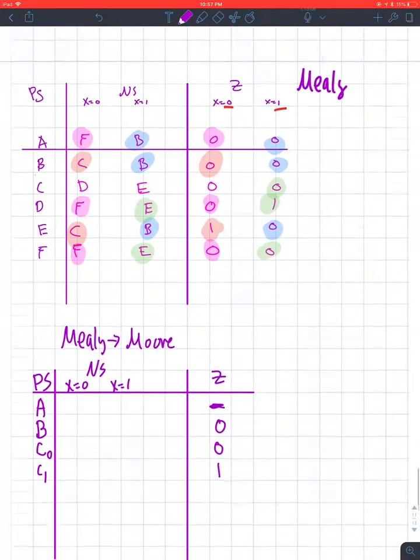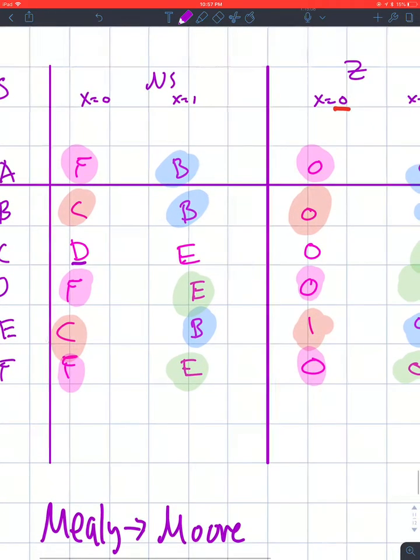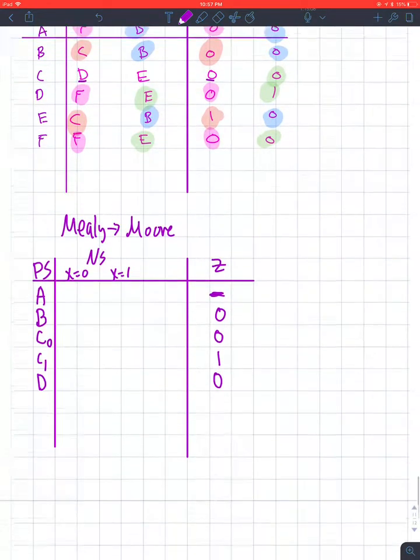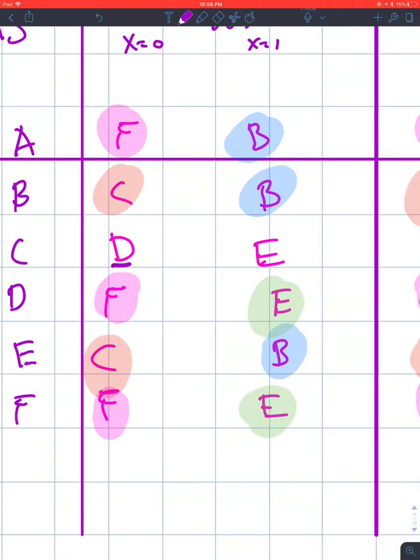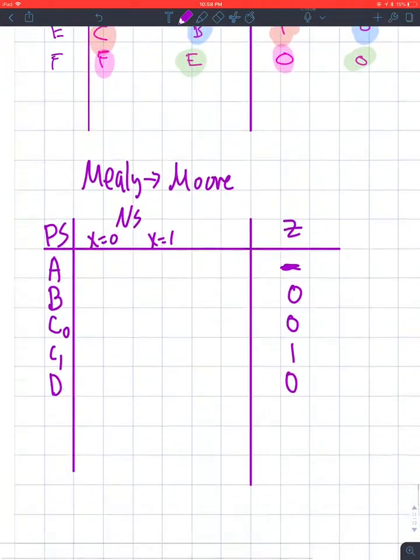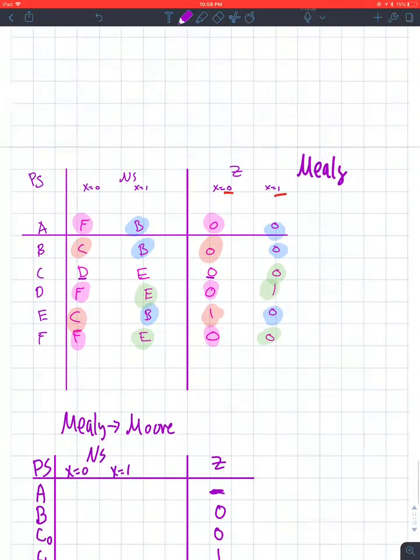And then you have d. Does d appear anywhere? Yeah, it's right here, and the output is 0. So you're going to put d only here, and then it's just going to be 0. You don't need any d0, d1 because it only appears one time, and the output is always 0. Okay, now we have e. Does e appear anywhere? Yes, it does.